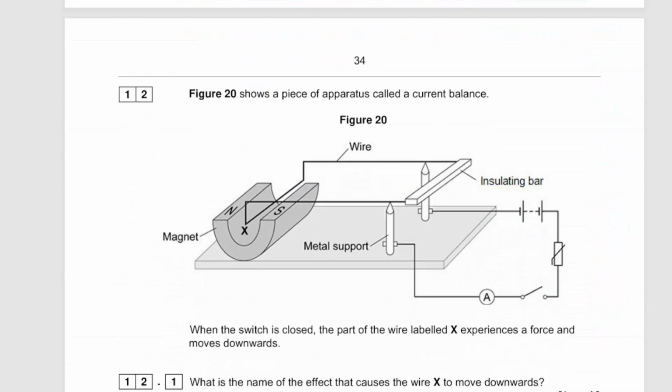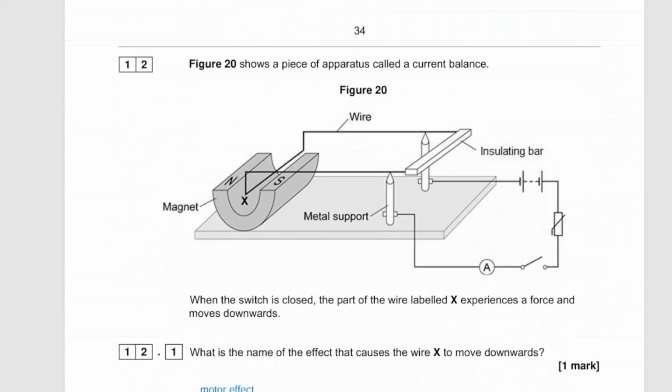Now on to the last question, question 12. Figure 20 shows a piece of apparatus called a current balance, and we're just showing it there. When the switch is closed, a part of the wire labelled X experiences a force and moves downwards. What is the name of the effect that causes wire X to move downwards? And that is the motor effect.